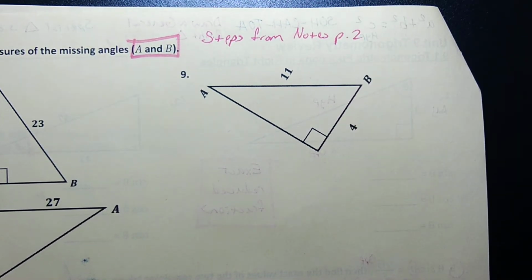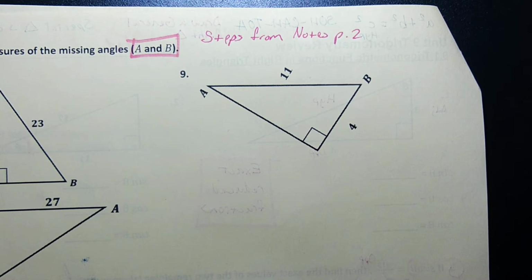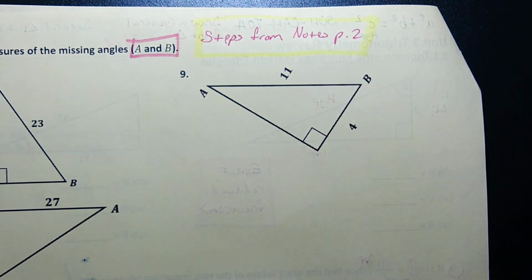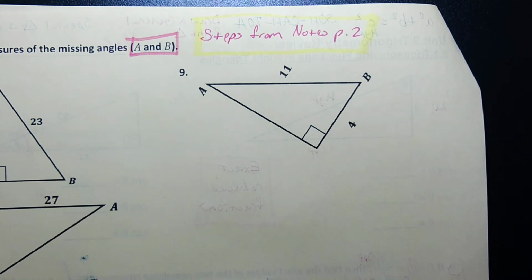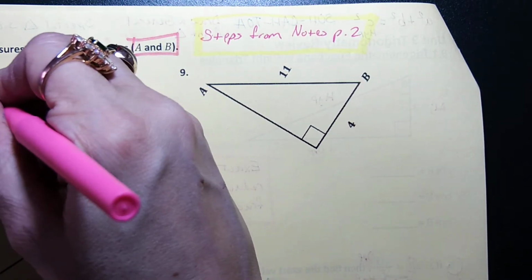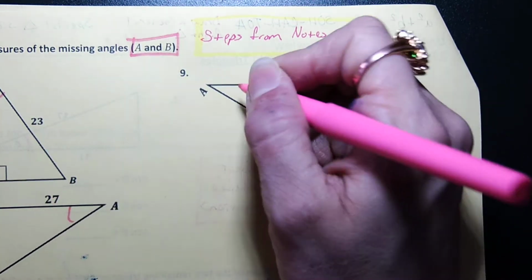Those steps are actually the same thing that we're going to be using for the story problems on this section as well. So we always start with the angle, and then we try to determine the trig relationship. Now I'm going to go ahead and just start by trying to find A on all of these problems. So I'm going to mark A as my angle.